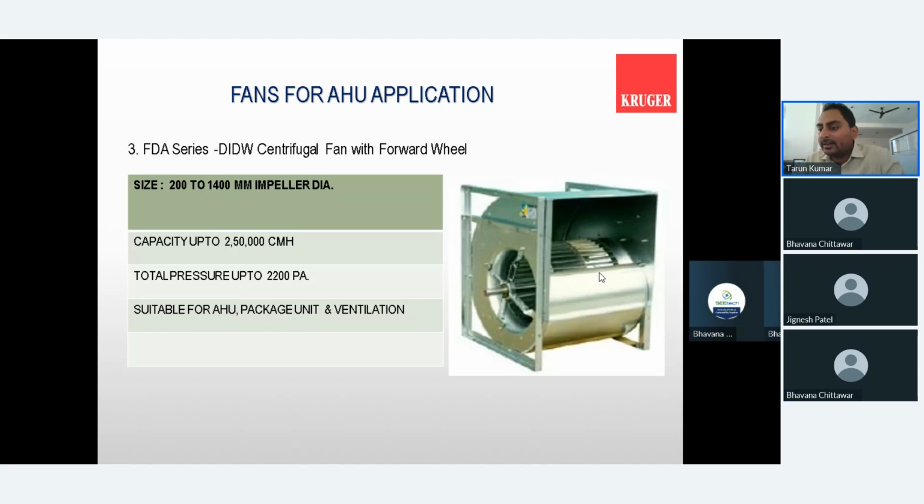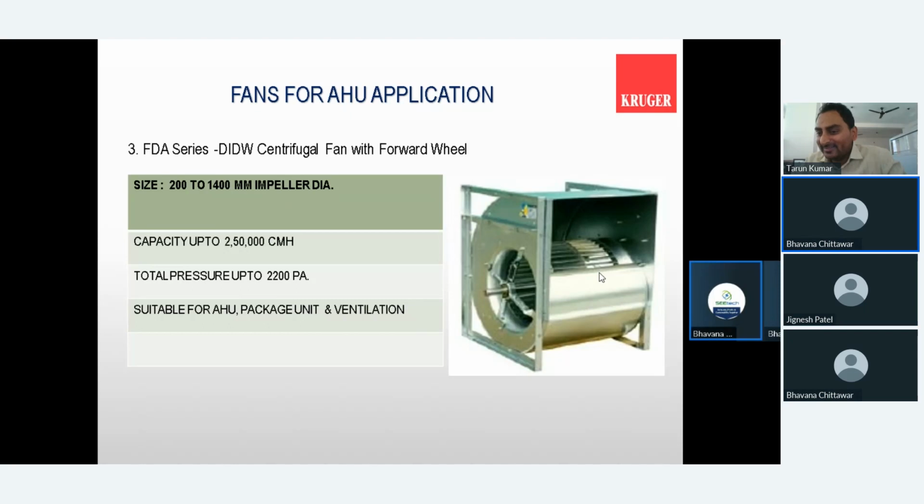Otherwise, I will share my product range catalog with you. There are all kinds of products with static pressure and CFM details available over there. So you can refer to that product catalog, and after that you can check once with us. We can guide you in that manner, sir.